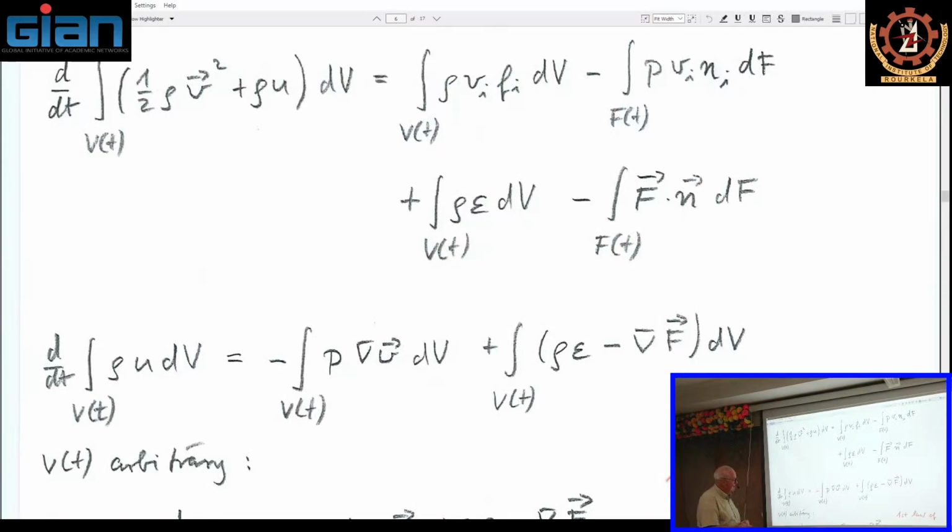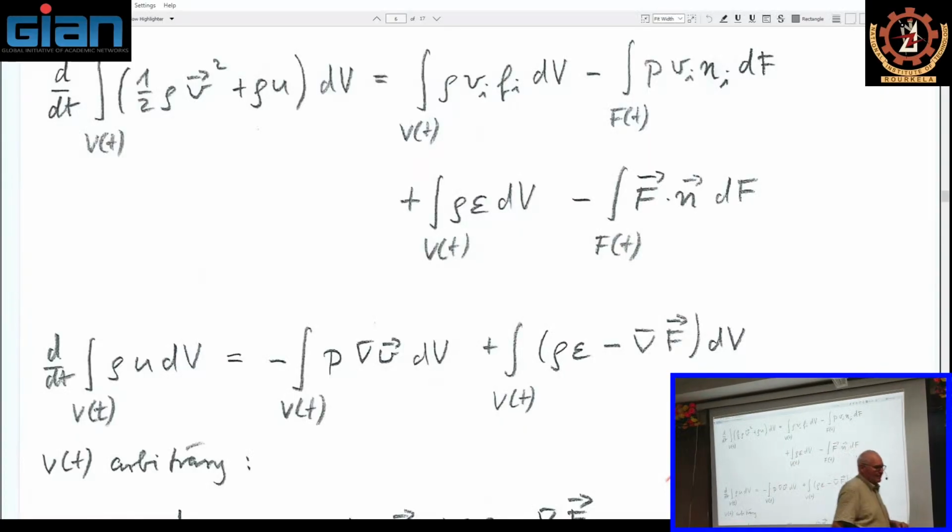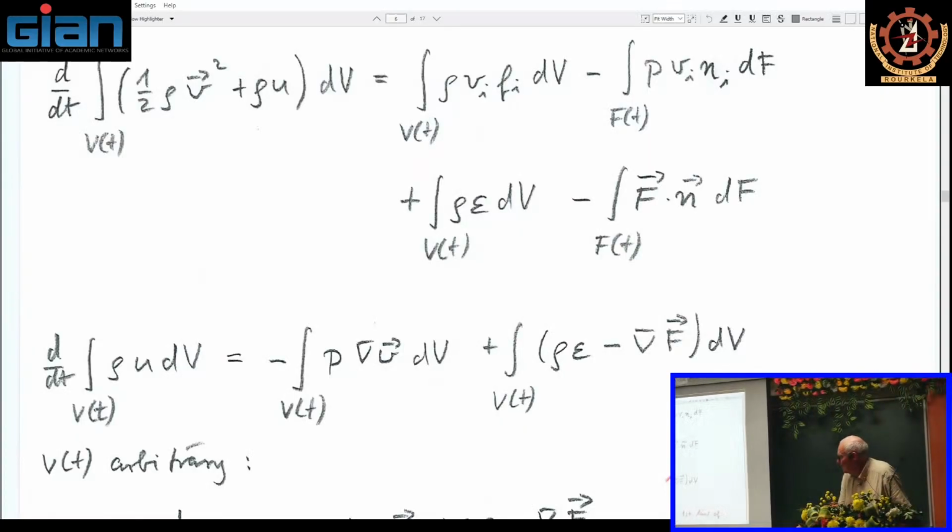This was a consequence of mass conservation, and then we end up with the following equation.